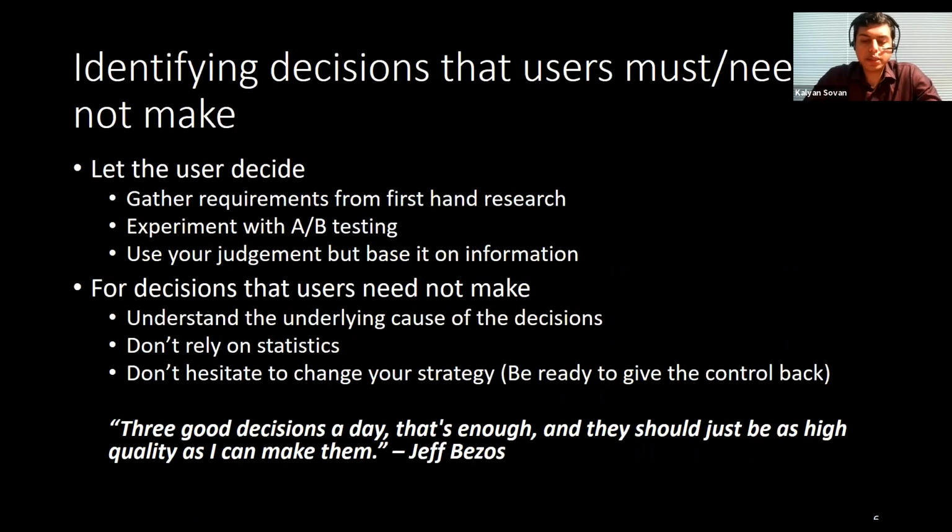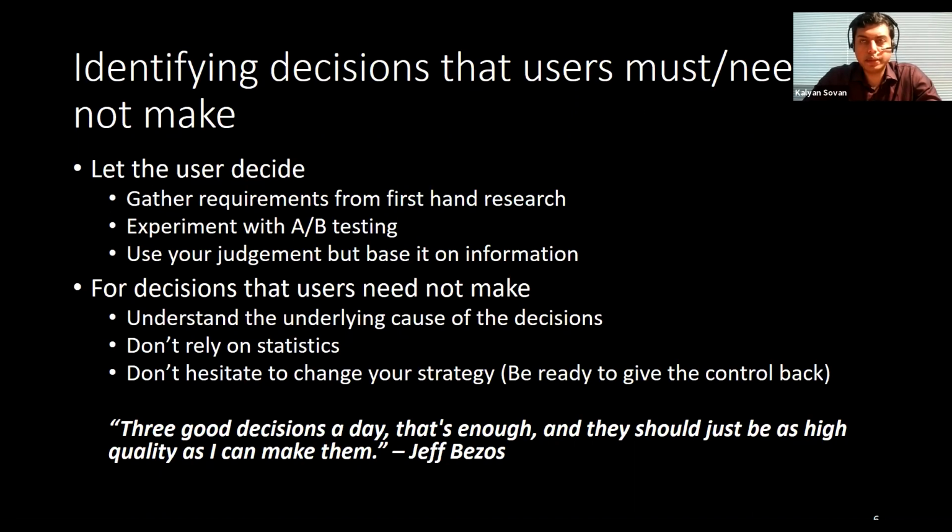Moving on, right? So for every product manager, conceptually it's great. I mean, we understand that decisions are exhausting and we do not want the user to make a lot of decisions, but at the end of the day, the biggest dilemma a product manager will have is where to provide control and where to automate. Now, my 2 cents on this is we should let the user decide and not take a judgment call on behalf of the user.